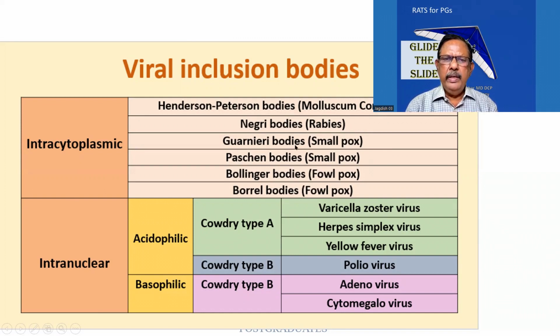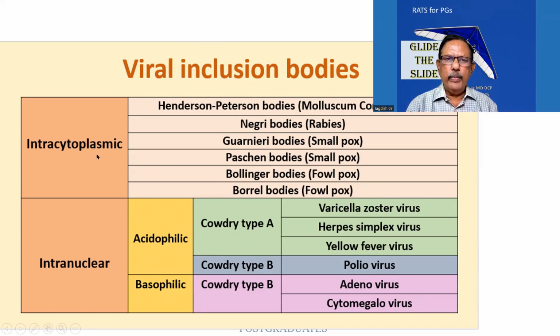Smallpox, Guarnieri bodies. Fowlpox, Bollinger bodies. And fowlpox again, Borrel bodies. These are certain things from microbiology. Acidophilic, there can be Cowdry A and Cowdry B, which can be seen in varicella zoster, herpes zoster, yellow fever, and the polio virus. And basophilic, Cowdry B type, adenovirus and cytomegalovirus. All these will be forming the intranuclear inclusions.